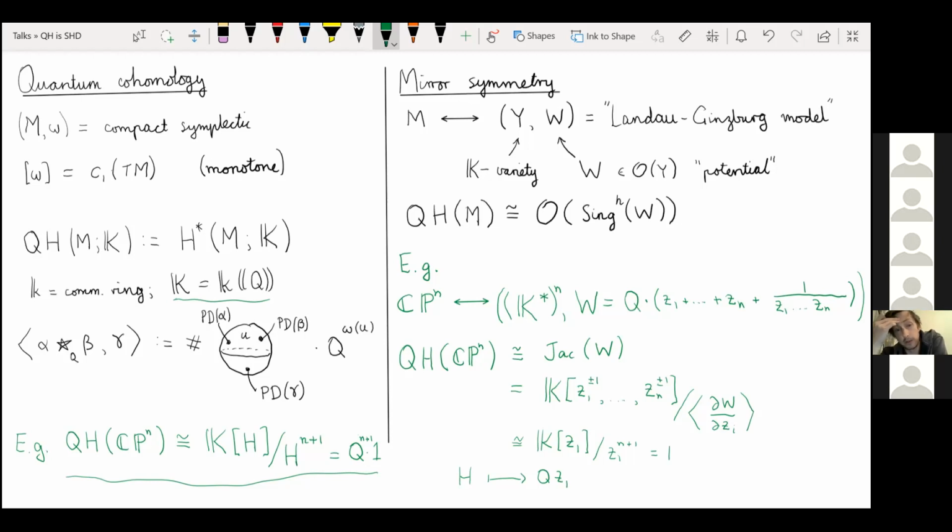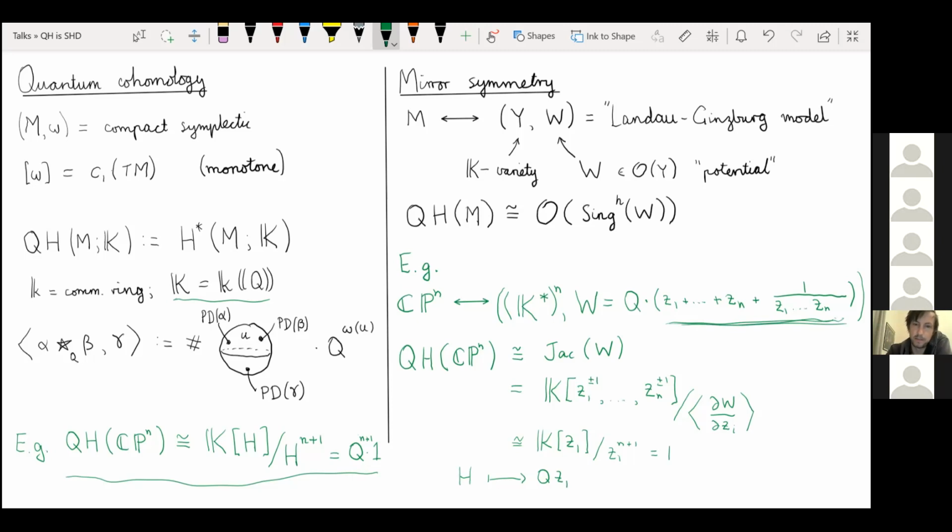So for example, CP^n is mirror to this well-known mirror, which we'll take to be (K*)^n, with potential Q times this familiar mirror potential to CP^n, and this isomorphism between quantum cohomology and the Jacobian ring matches up.